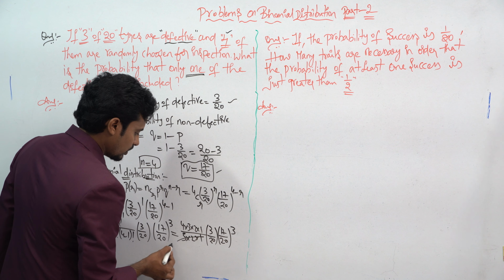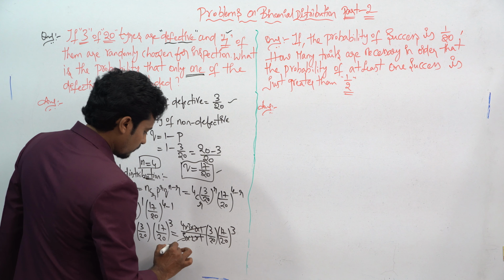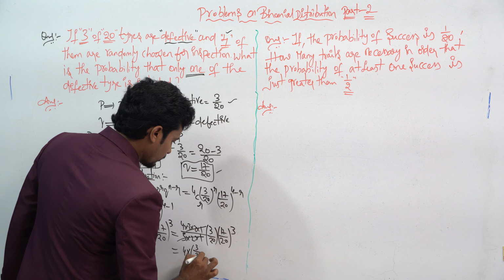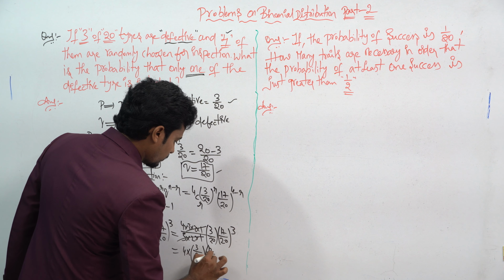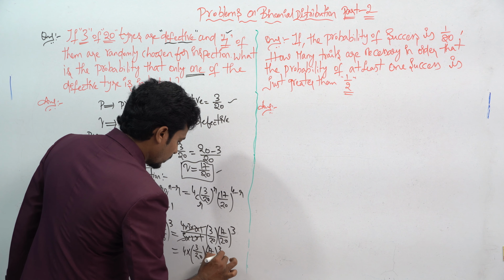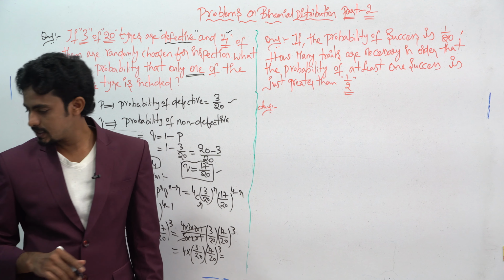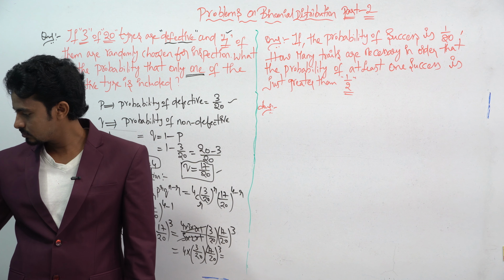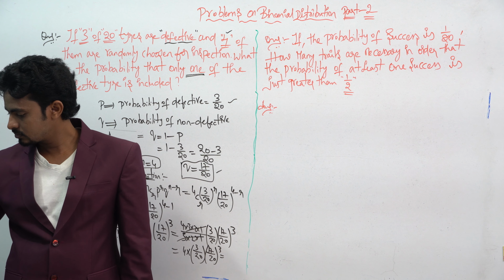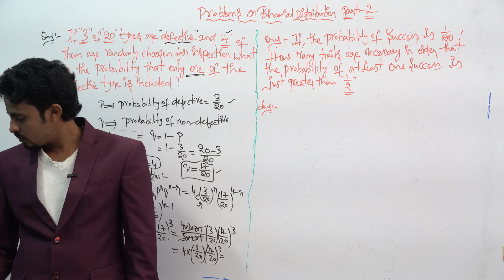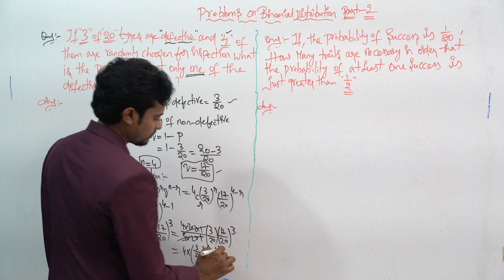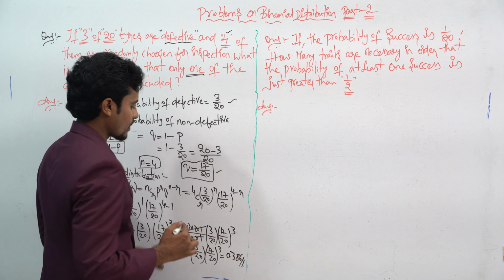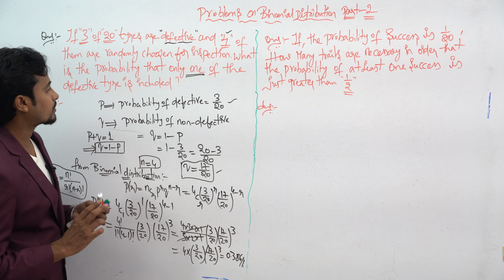The 3 into 2 into 1 cancels, leaving 4 into 3 divided by 20 into 17 divided by 20 whole cube. If you put it in your calculator, you will get 0.386. This was your answer for this question.